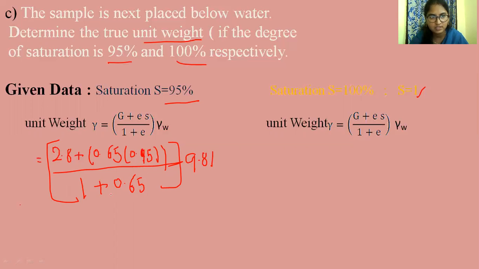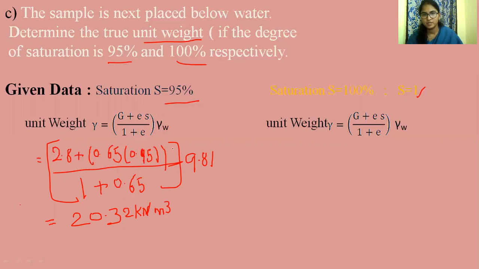The value of unit weight for saturation condition S is equal to 95% is 20.32. Very important for unit weight, the units are kilonewton per meter cube.